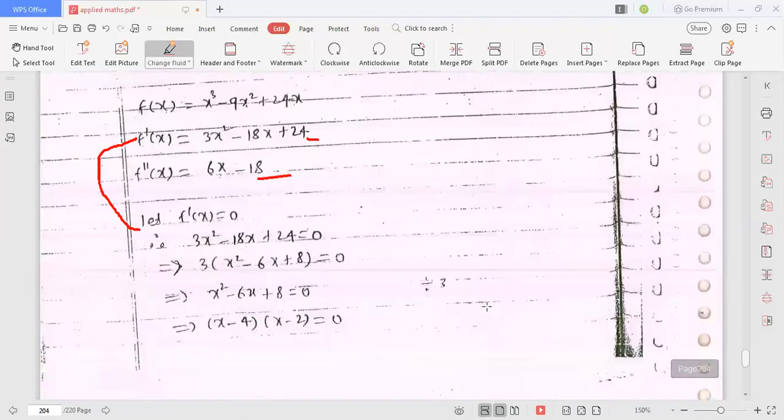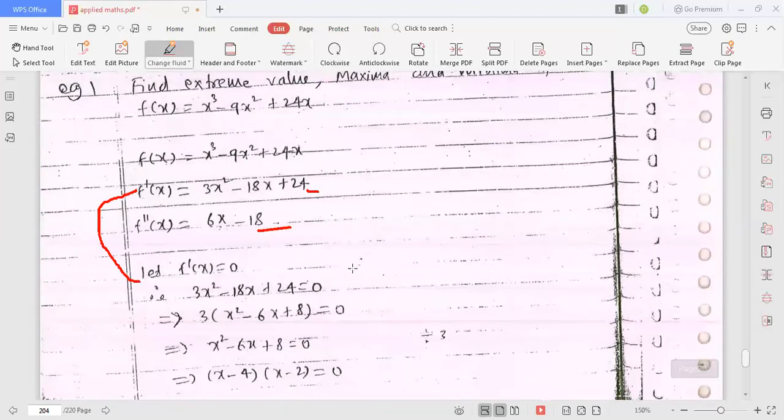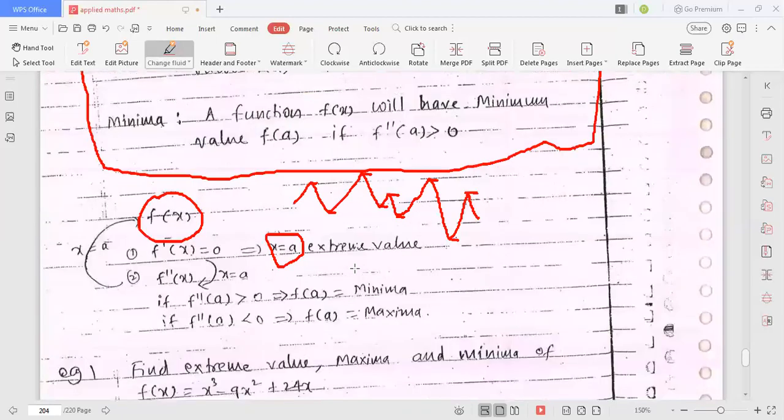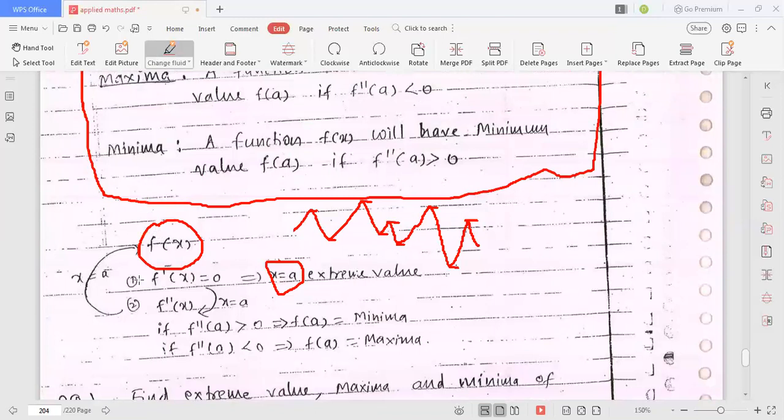So once again I am telling you the method, the steps, which I have shown here. First step is to find the derivative of f of x, which is given in the question. Then after solving f dash x equal to 0, whatever values you get, you have to consider as extreme values. Those extreme values you have to substitute in f double dash x, the second derivative of f of x.